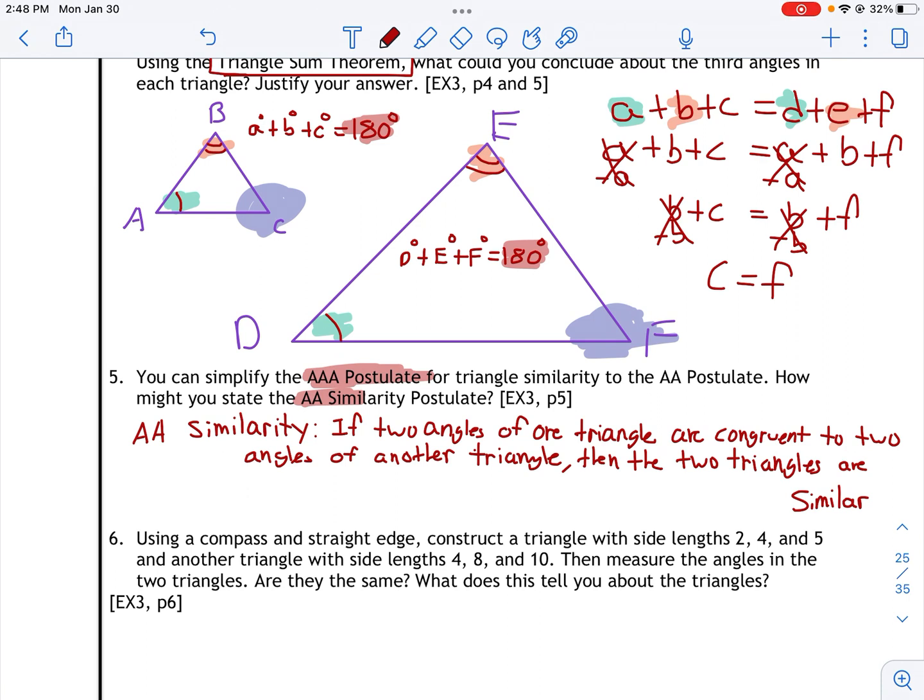Whew, there it is. So we went through all of that just to show that if you have two angles that are congruent in one triangle and another triangle, then both of those triangles have to be similar.